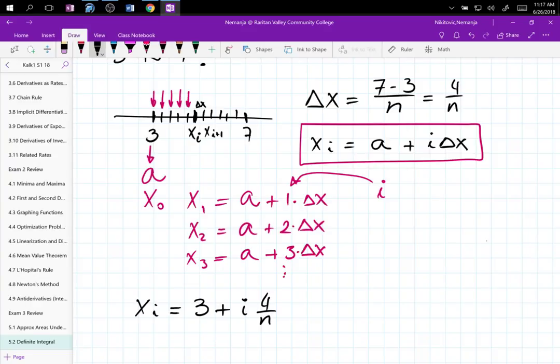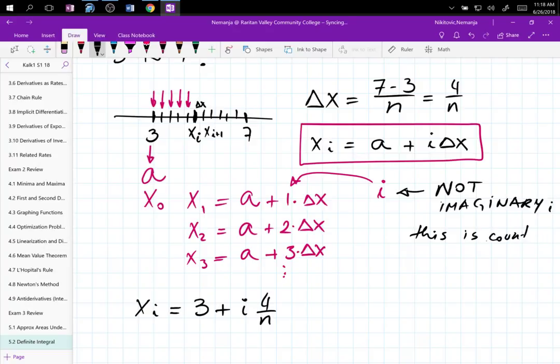So let me put this here: not imaginary. i is a counter. It's a discrete counter. It's just a variable that can hold 1, 2, 3, 4, 5, 6, 7, 8, 9, 10. That's what it is.